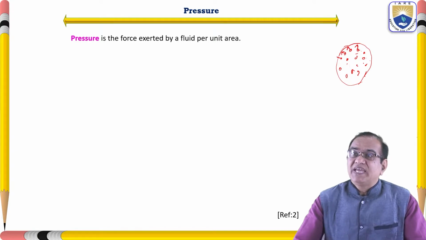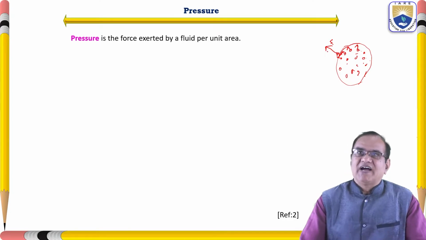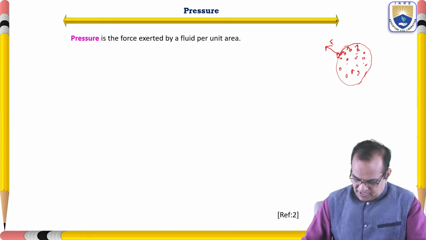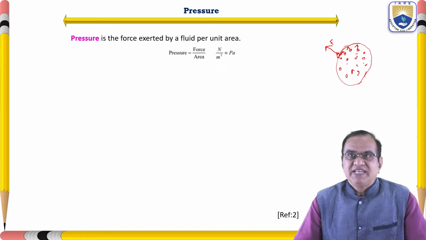So there will be a force per unit area. Assume this is the area, and a force is generated. This is the force. So pressure is the force exerted by a fluid per unit area, and pressure is equal to force divided by area.